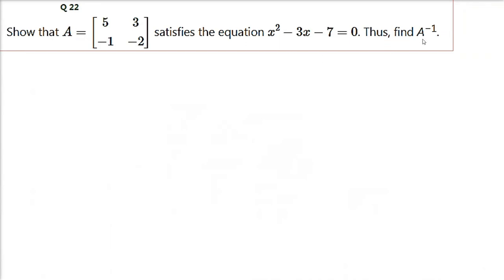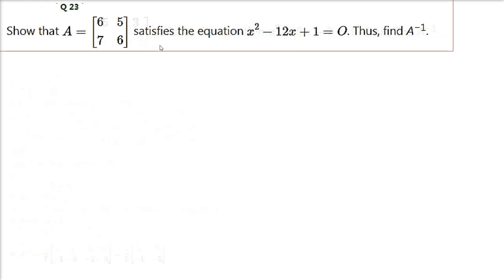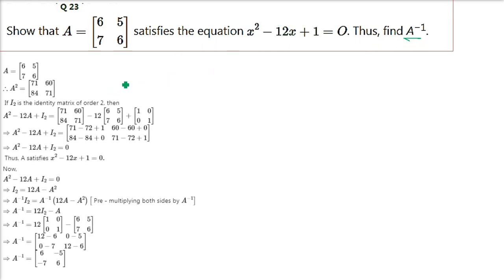So this is also exactly like this. The only difference is that it is not A squared minus 3A minus 7. It is actually saying that A is satisfying the equation. So you put A in place of x. Similarly here, in place of x, you are going to replace 6576A here. And the same logic which I showed you, you have to do it here.